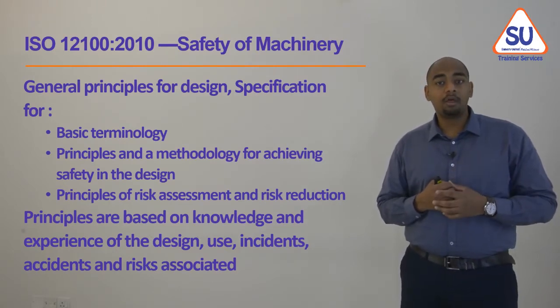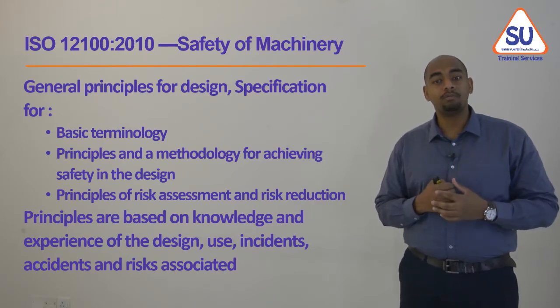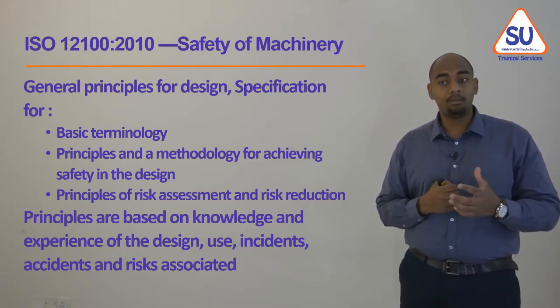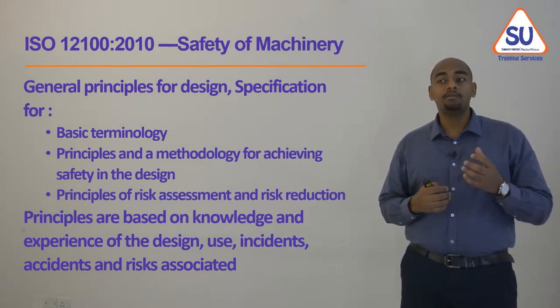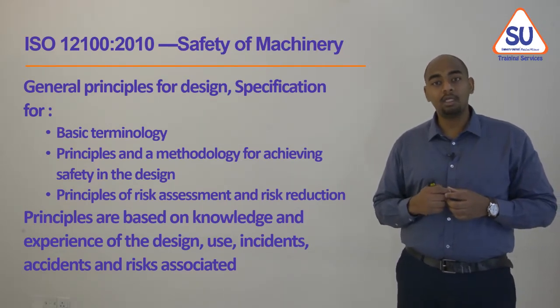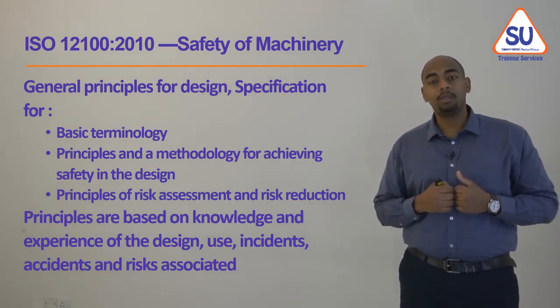So to meet the general and the international safety of those equipments, we need to cover the basic terminology, the principles and methodology for achieving safety in design of those equipments, to make sure that later on they will be used in a very safe manner.